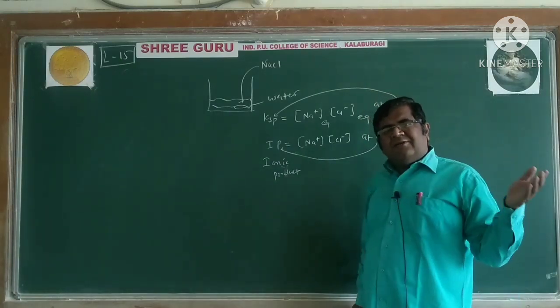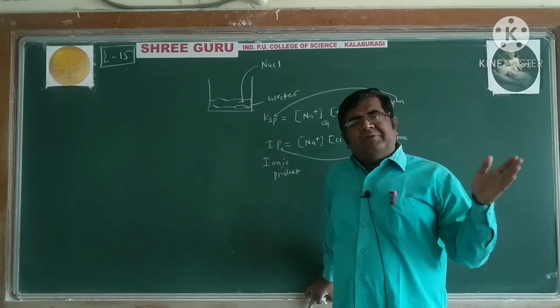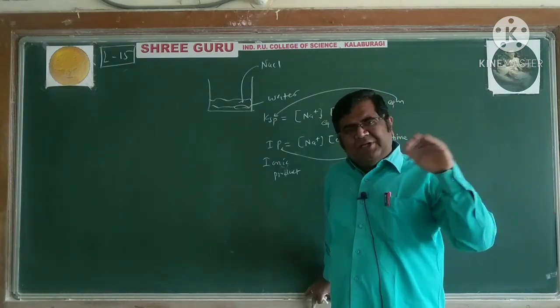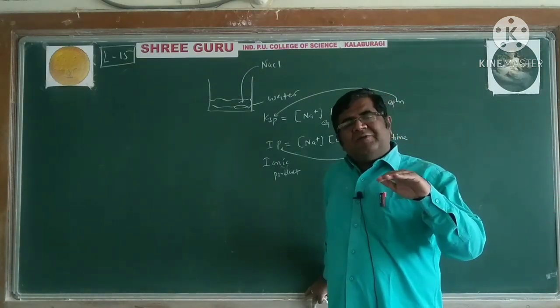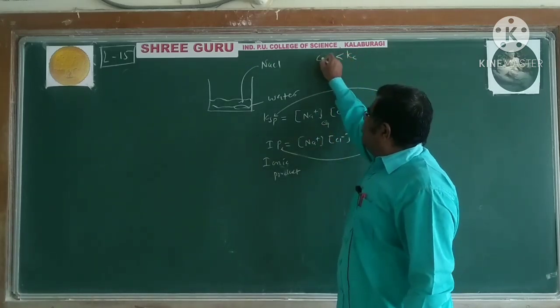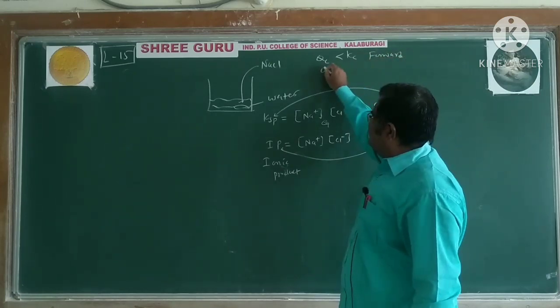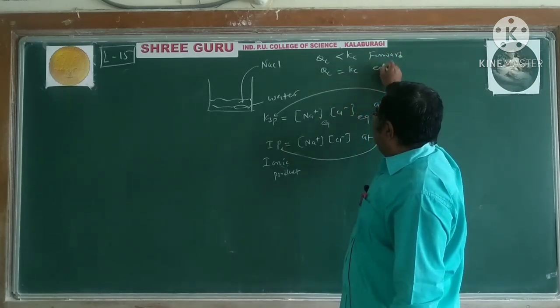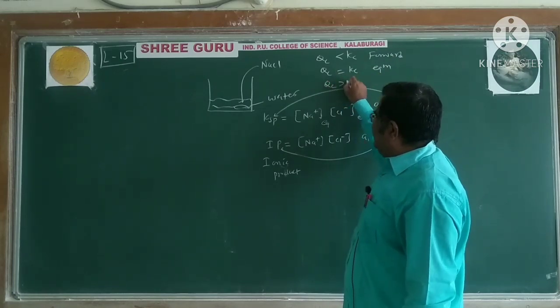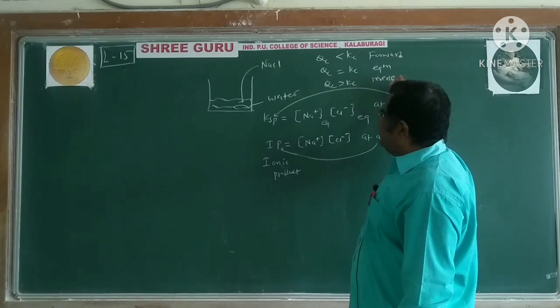It's just like we have reaction quotient and equilibrium constant in chemical equilibrium. We said when Kc is greater than Qc, the reaction goes in the forward direction. If they are equal, it is at equilibrium. And if Qc is greater than Kc, the reaction will take place in the reverse direction.